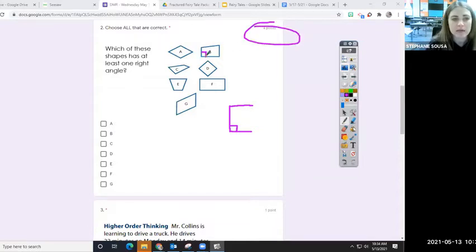They are B. They are shape D. They are shape F. And which one am I missing? And they are shape C. Got to kind of turn them in your mind's eye there.